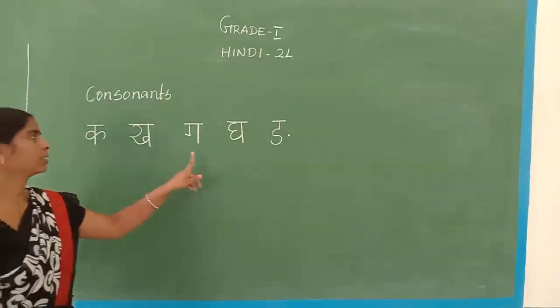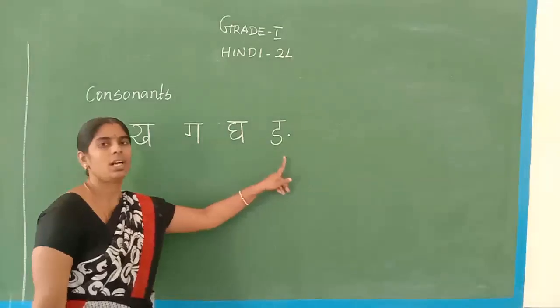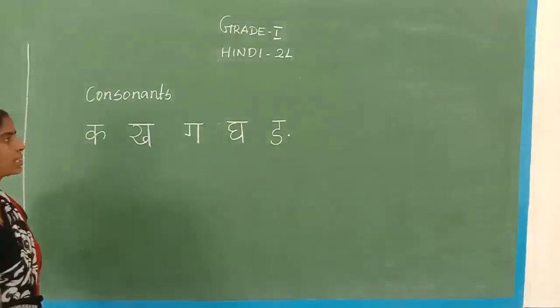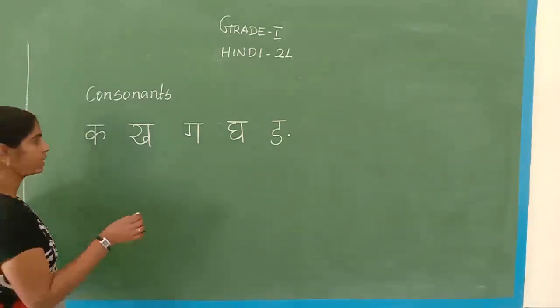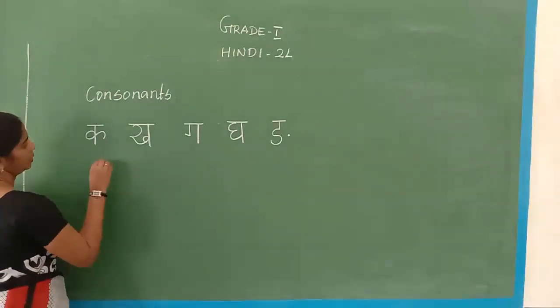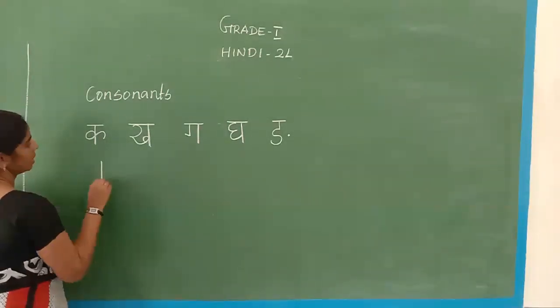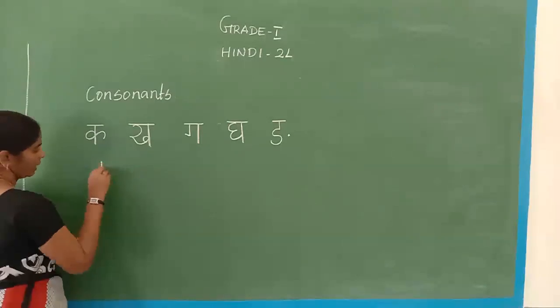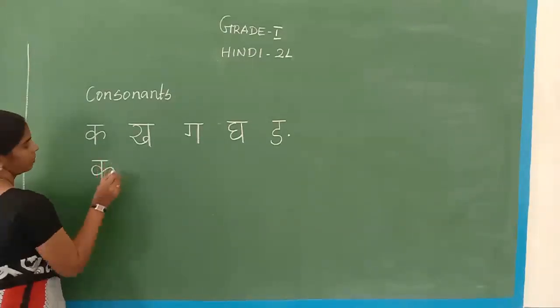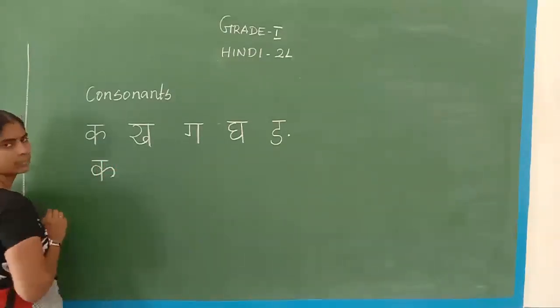Ka, K, G, Na. Once again, shall we see how to write these letters? Okay, children, you have to practice this. How to write: first one line and like this and top of the line. Right?